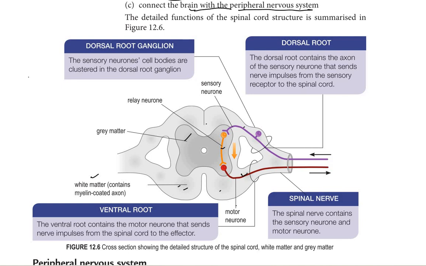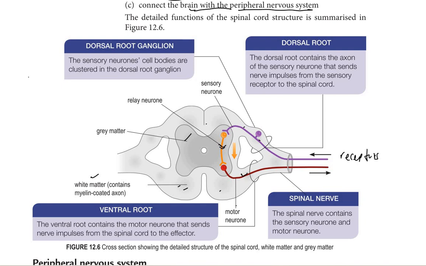So these neurons are connected to each other. Sensory neurons connect to the relay neuron, then the relay neuron connects to the motor neuron. So in this case, for example, if you have the stimulus, nerve impulse from the receptor, the nerve impulse will be sent through the sensory neuron, then enter the gray matter. It will transmit to the relay neuron.